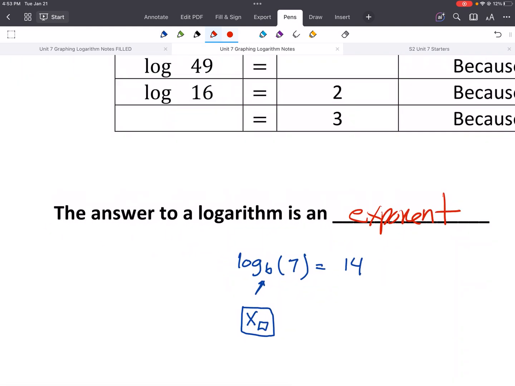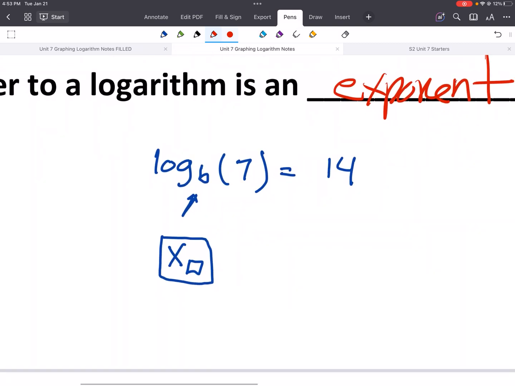Again, the answer for a logarithm is always its exponent, so that's what we're solving for. Okay, logs output exponents.